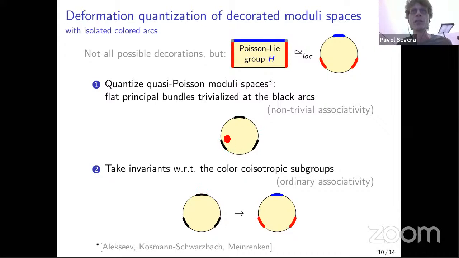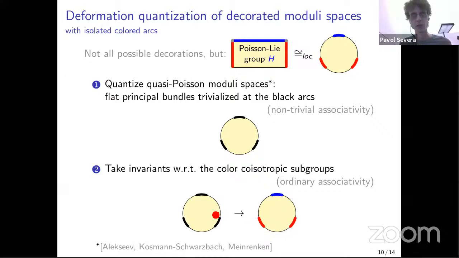So what is this space anyway? You see, we have one holonomy which goes like this, which is an element of G, another holonomy which goes like this, which is another element of G. So this moduli space will be just G times G. And to get that thing, we should simply mod out by the action of H here and by the action of H prime there. So mod out by gauge transformations.